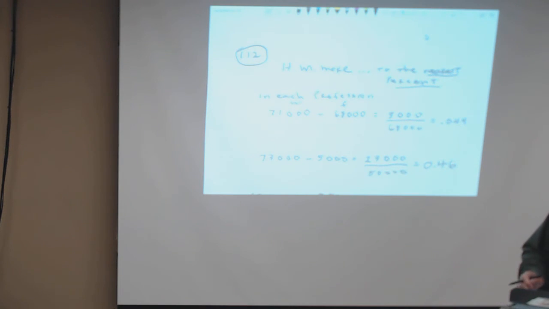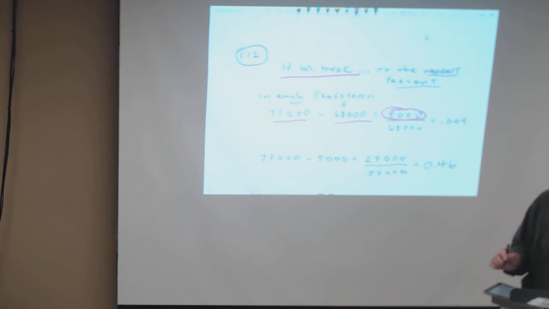Number 112. Here are some professions and the average salary earned by males and females. You ladies aren't going to like this one, are you? How much more did males make in each profession? Here's the male salary. Here's the female salary. So you subtract those two and you get 3,000.